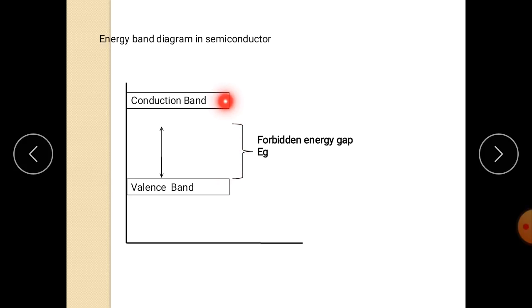Valence electrons jump to the conduction band. This implies that the conductivity of semiconductors increases with temperature, or we can say that as temperature increases higher than absolute zero, the semiconductor materials act like conductors.